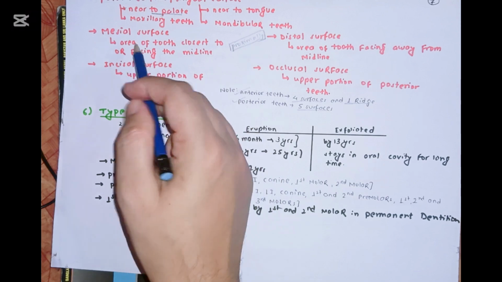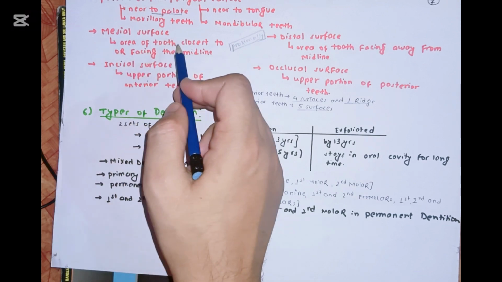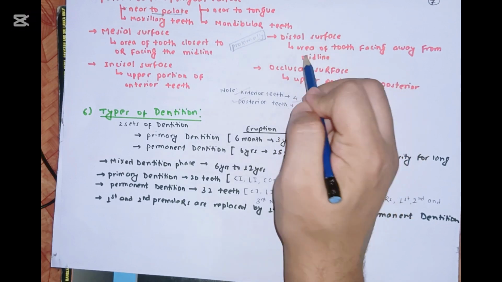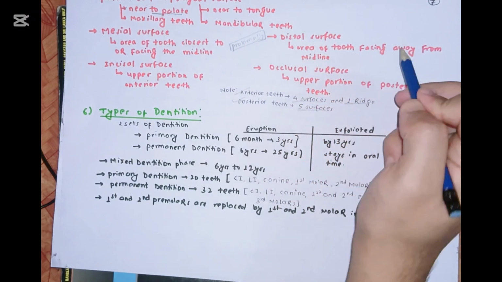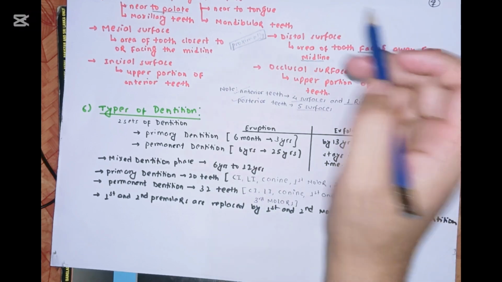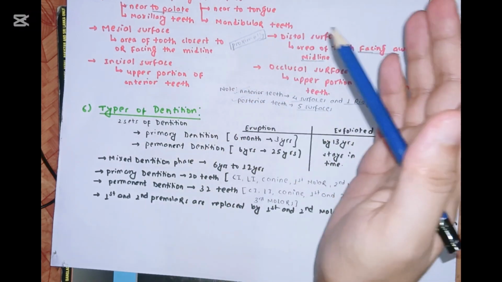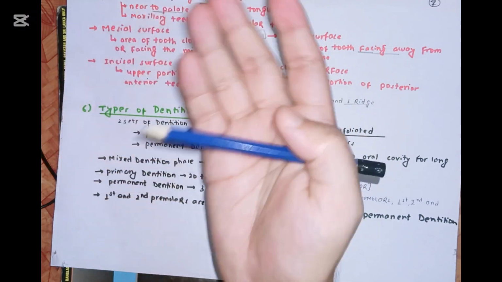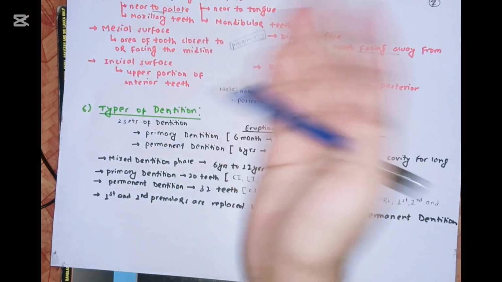A mesial surface is that surface of the tooth that is closest to, or facing towards, the midline. Similarly, the distal surface is that surface of the tooth that is facing away from the midline. The proximal surface is the surface between two teeth, that may be the mesial surface of that tooth or the distal surface of the other tooth.